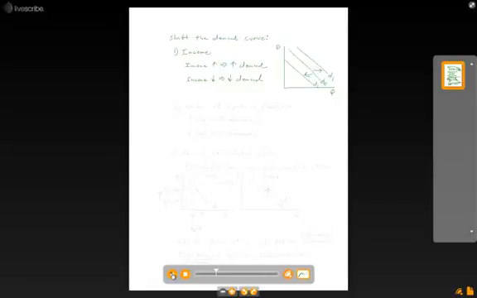So that's our first factor. The second factor that will shift the demand curve would be what we call the number of buyers or population in a market or in a society.